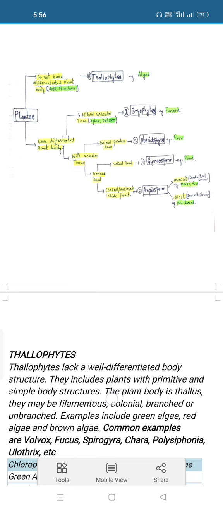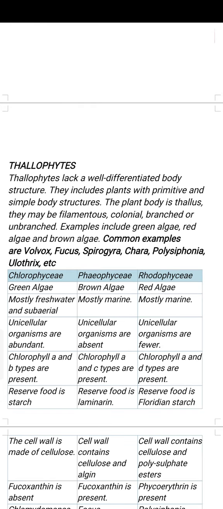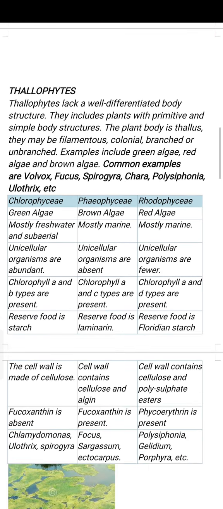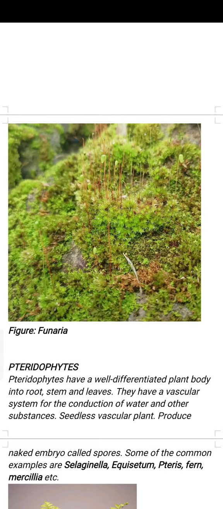I have enclosed the picture, which was captured from my own camera. Here you go, Funaria, which is very common in our place. You will find this species at your home also. Just see the place where water falls from the roof of your house. There you will find Funaria.